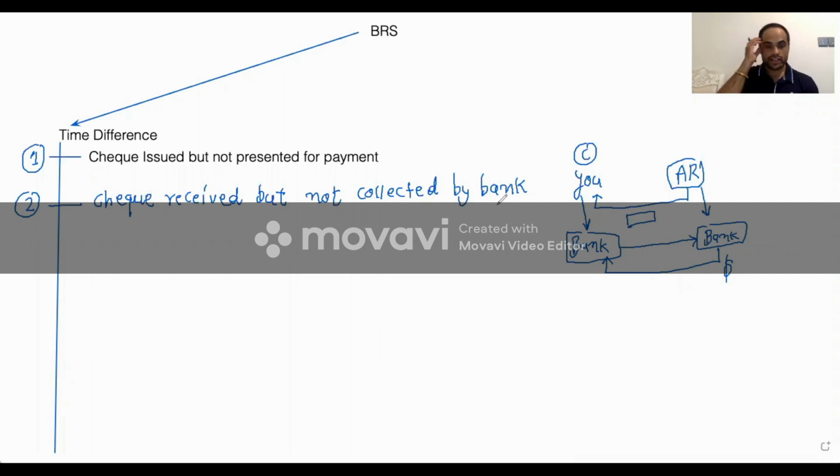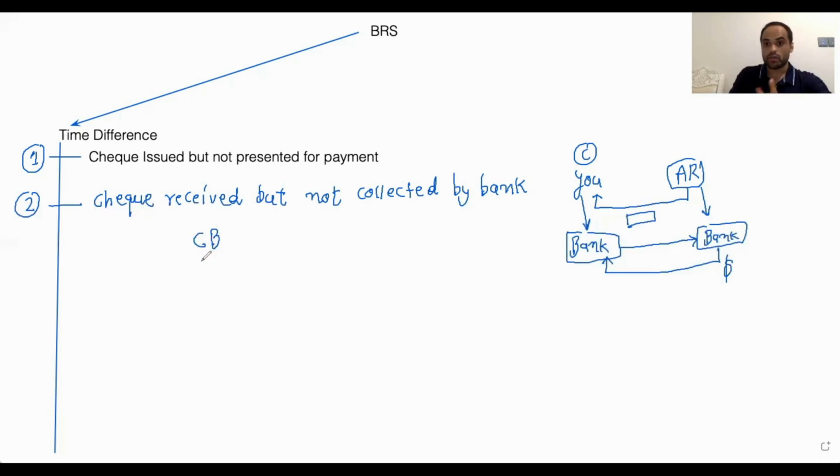This procedure indicates that the check is received. Check received means you, the company, are preparing the cash book, and your bank is preparing your passbook.